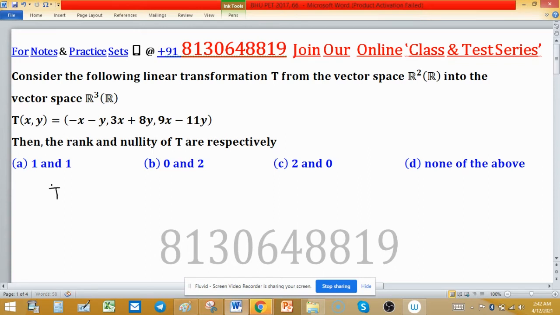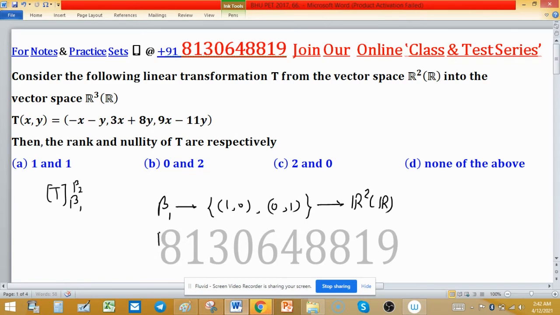So matrix representation: beta 1 is the basis for domain and beta 2 is basis for codomain. So beta 1 will be (1, 0), (0, 1). This is a standard ordered basis for R square over R. And beta 2 will be (1, 0, 0), (0, 1, 0), (0, 0, 1).